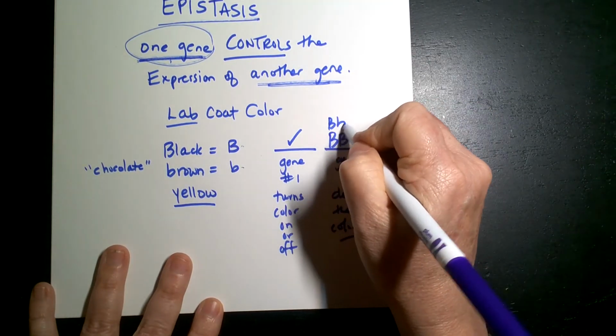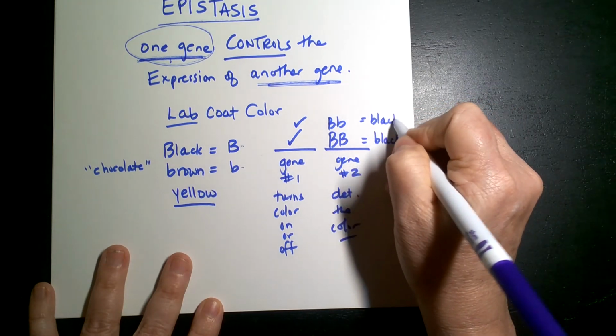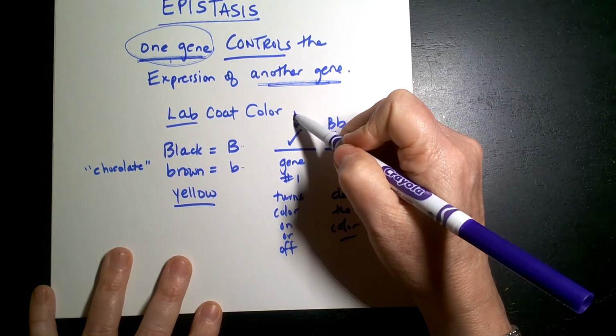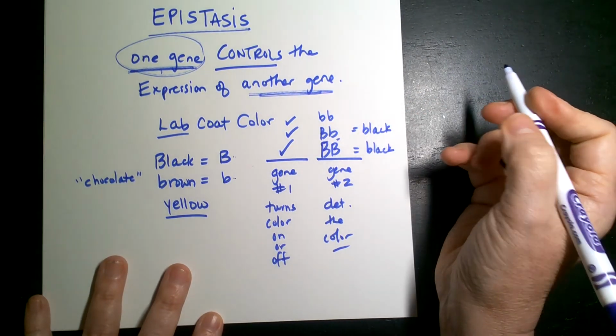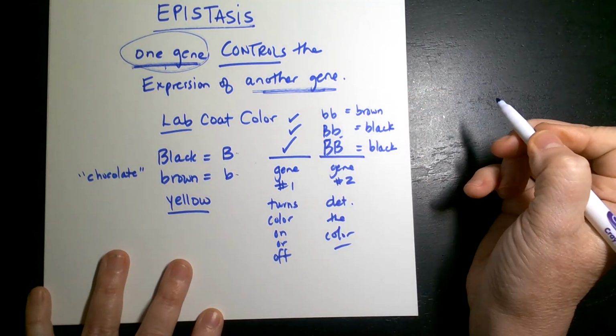Big B, little b, and that gene is on, also it'll be black because black is dominant to brown. If the gene number one gets turned on, but that dog gets two little b's, it'll be brown or chocolate.